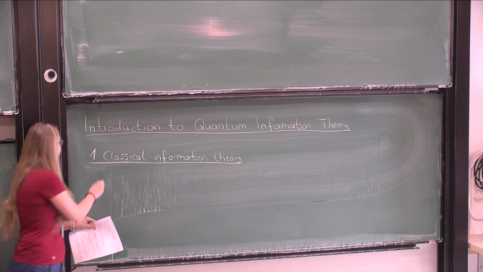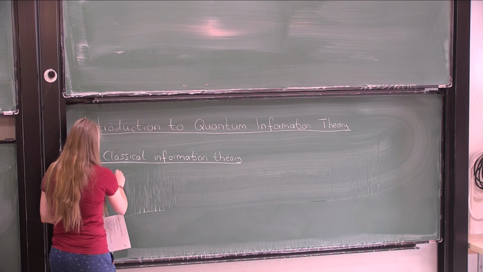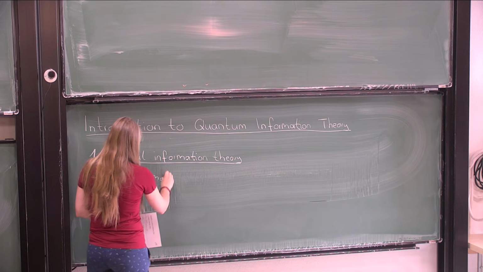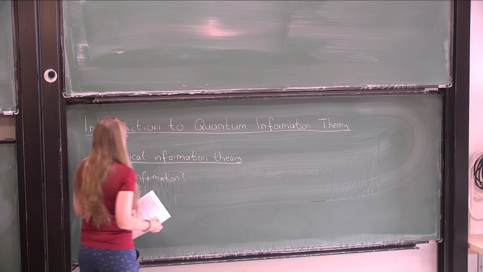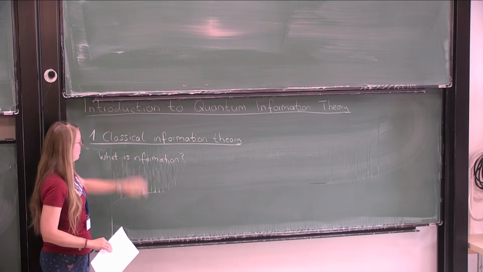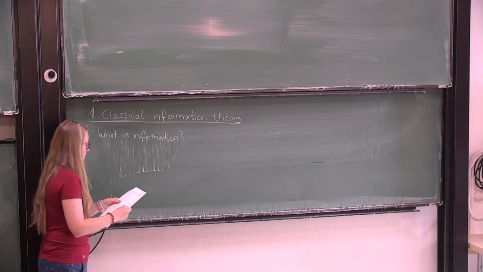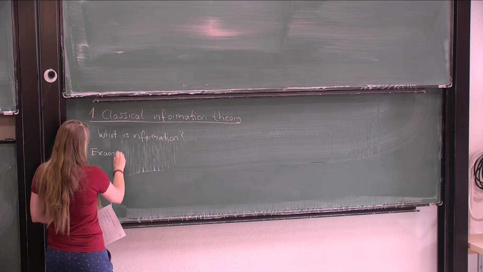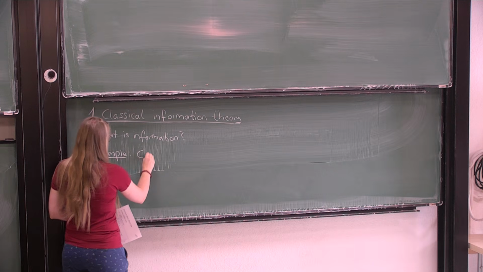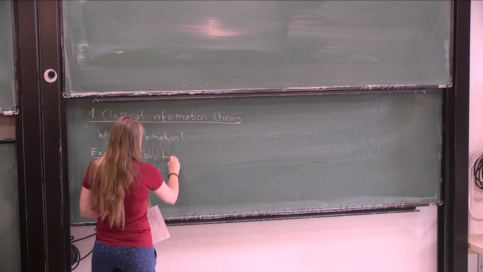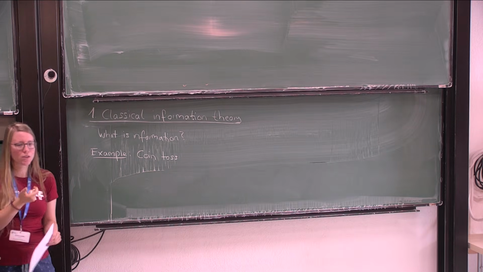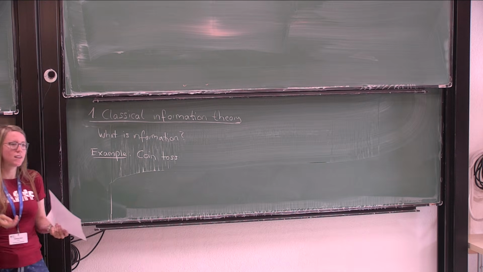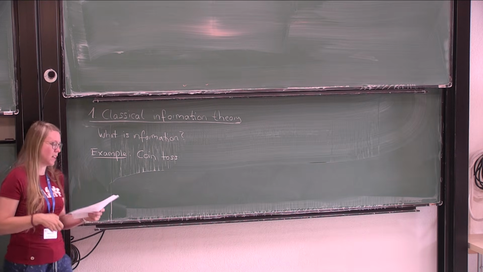So, if I give you an example, say you look at a coin toss. If you have a coin and you toss it, you have two possibilities for what could happen. Usually it either lands on heads or it lands on tails.